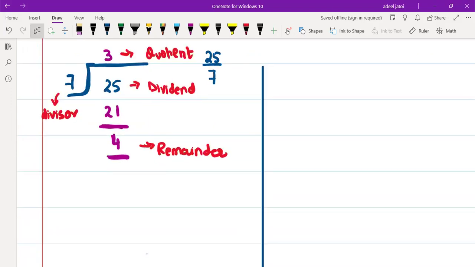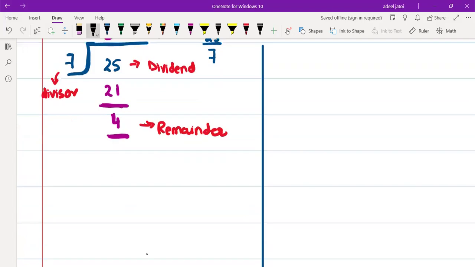So what we can have here is that dividend is basically divisor multiplied by quotient, right?